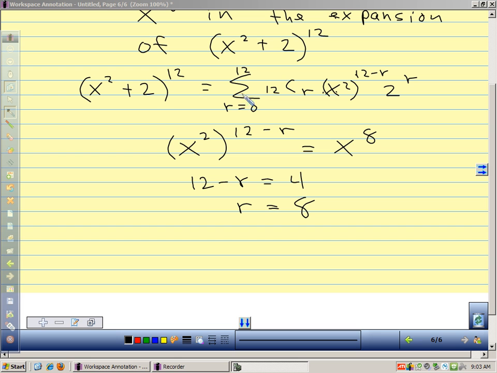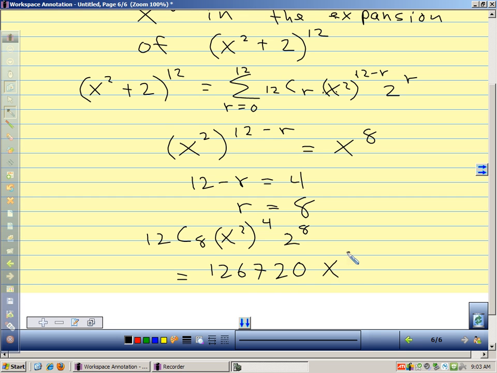So to find the coefficient on x to the 8th, I plug in: my coefficient is going to be 12c8 times x squared to the 12 minus 8, which is 4, times 2 to the r, which is 8. That's how I figure out my coefficient. And it turns out when I calculate all this out, I get 126,720 x to the 8th. So this is my coefficient.